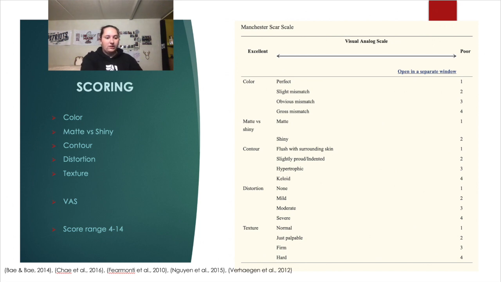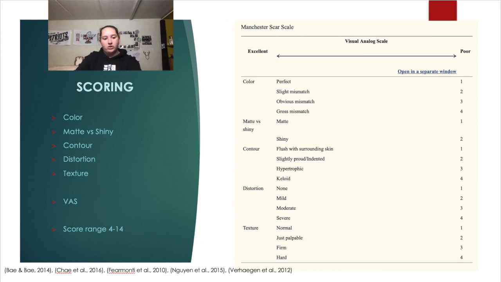The second category, or dimension as they call it, is matte versus shiny. I guess you all have probably seen a matte versus a shiny skin tone or scar or nail color, things like that. So matte gets a score of 1, shiny gets a score of 2.